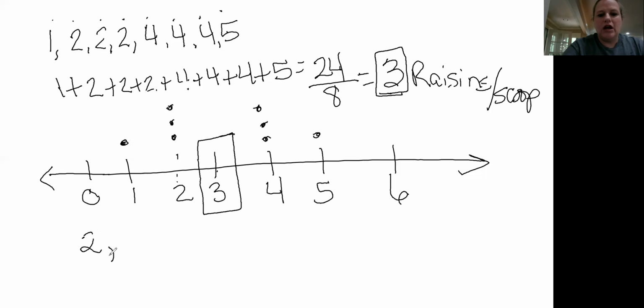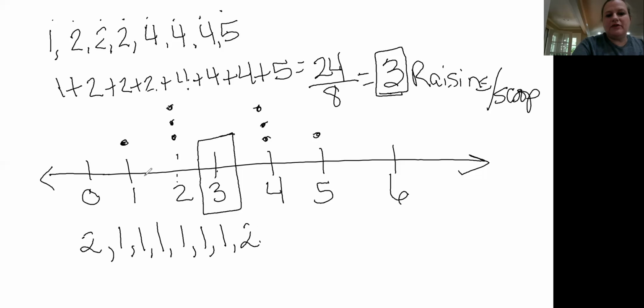These are each one space away from the mean. So we have 3 that are one space away. And then 4, these are also one space away, and there's 3 of them. And then this 5 is, again, 2 spaces away.